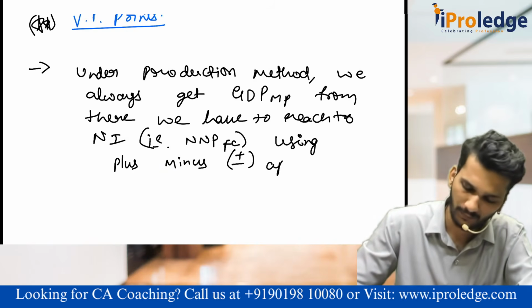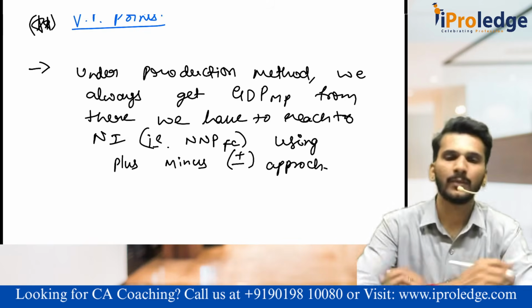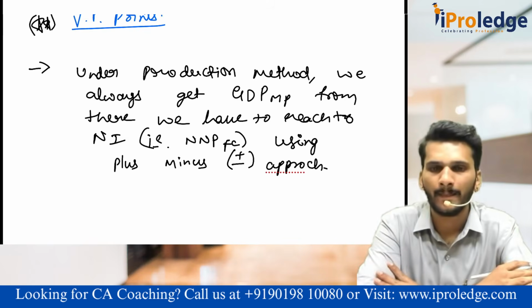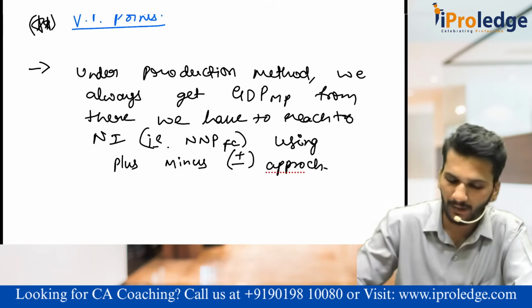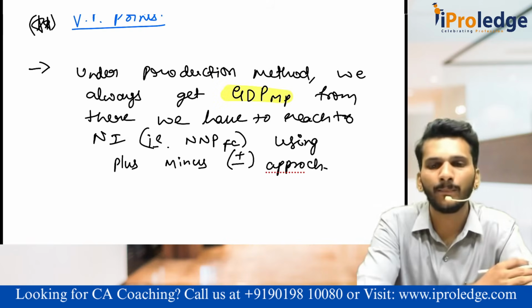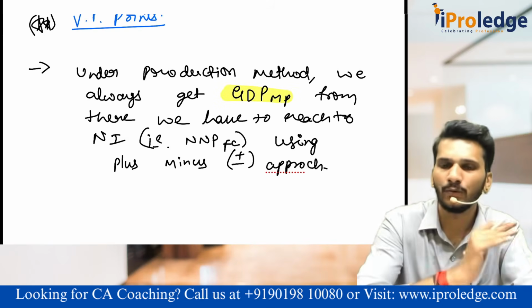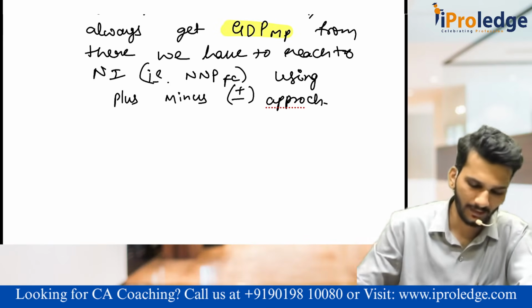One thing is clear: whenever the data is given as production method, we always get GDP-MP only. From GDP-MP we have to reach NNPFC using the plus minus approach. Is it okay? Done.